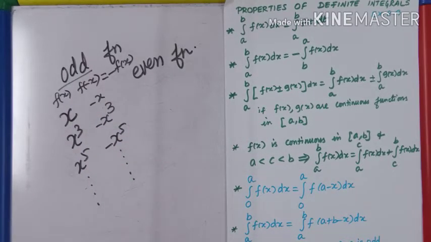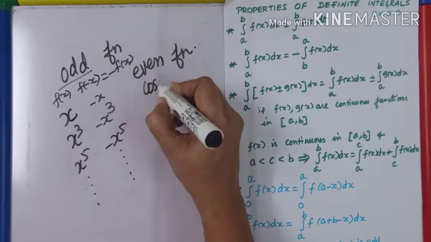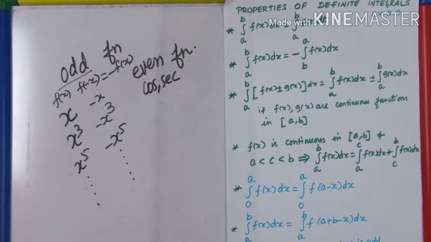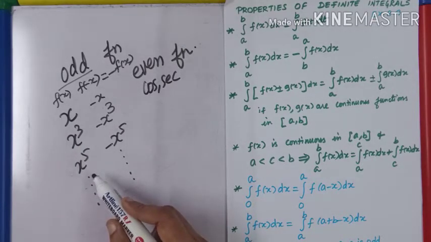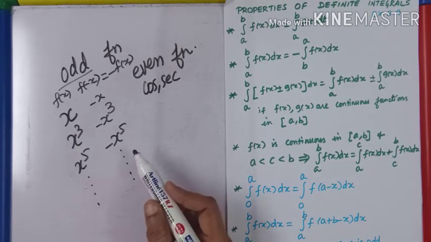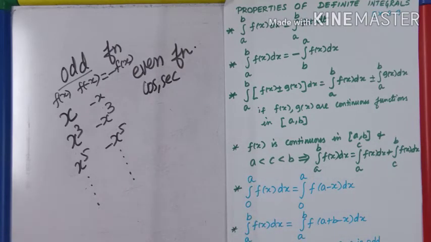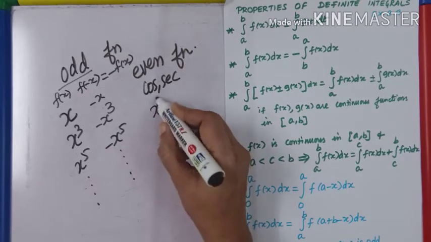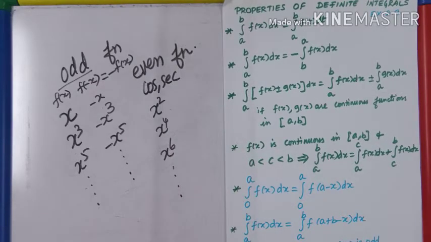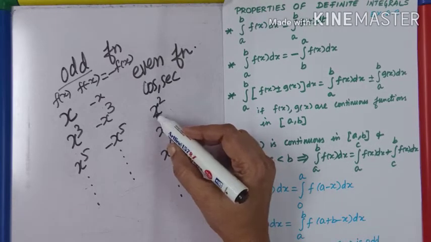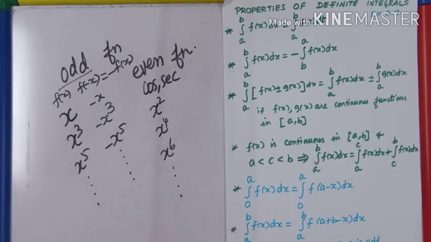In trigonometry, only cos and secant are even, all the remaining are odd functions. Mostly you can remember with x, x cube and all. Whenever the power is odd, the function itself is odd. And whenever the power is even, the function itself is even. For example, if I take x square, x power 4, x power 6 like this, wherever x comes, let me replace it with minus x.